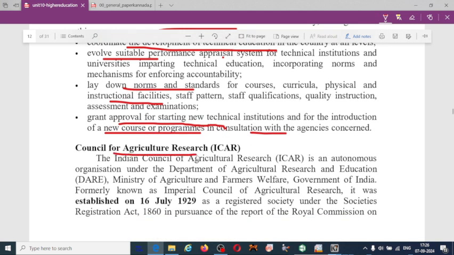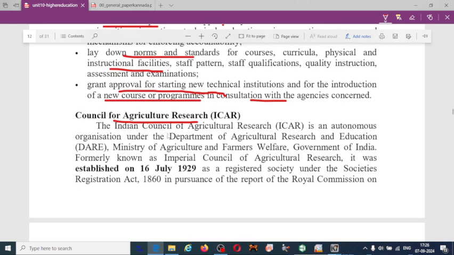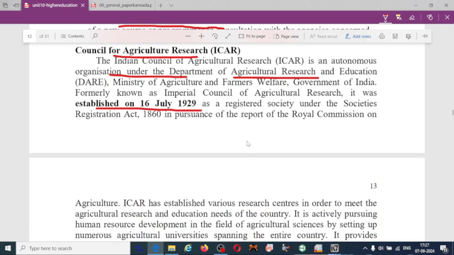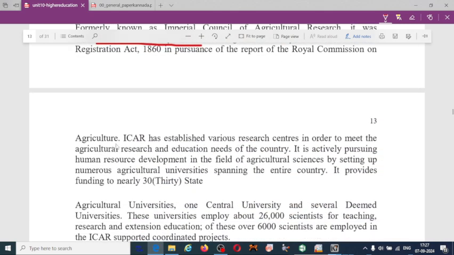Indian Council of Agricultural Research ICAR, which is an autonomous organization under the Department of Agricultural Research and Education, which was established on 16 July 1929. So it basically focuses on the agricultural developments.